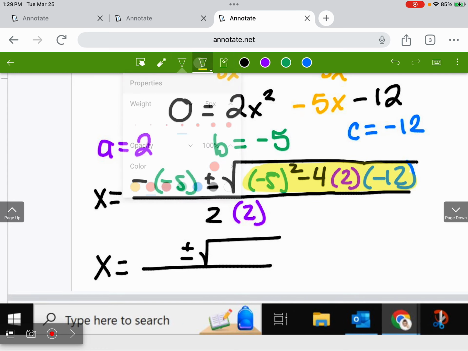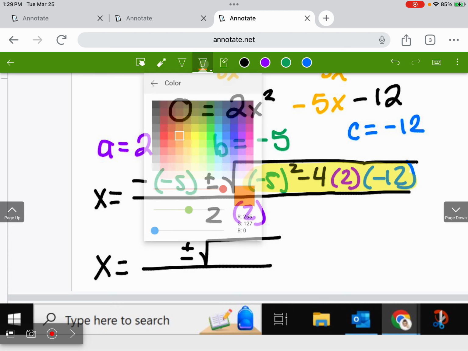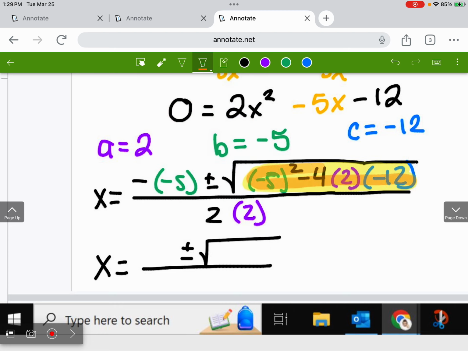The under the radical bit. What will we get there for this guy? Doing it in orange. 121.